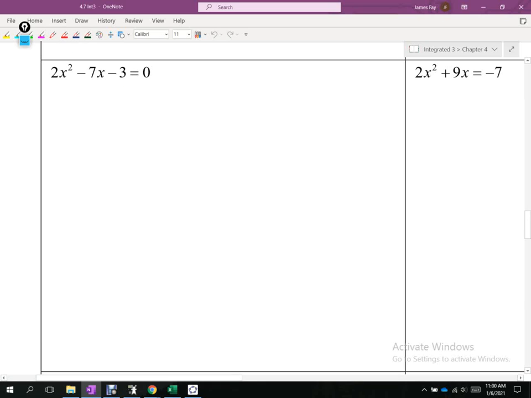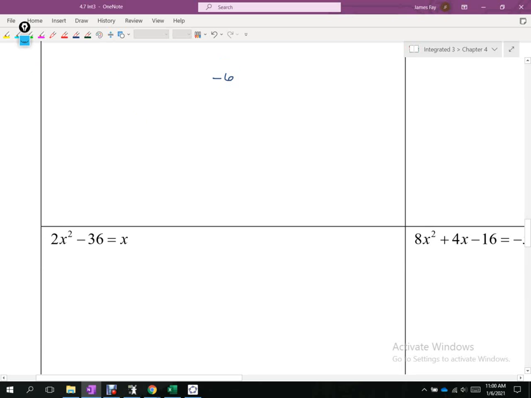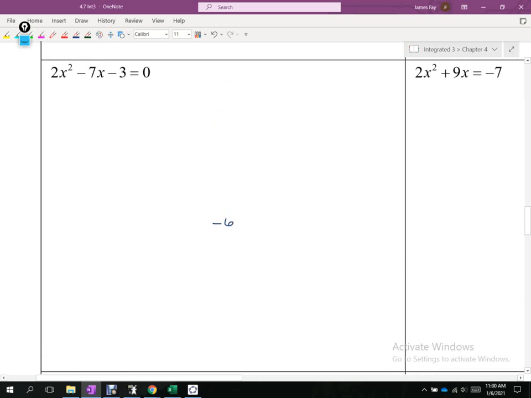Let's see here. All right, so when we look at this one, there are other methods. You guys remember the AC method? Taking 2 times -3 and get -6. And then trying to figure out what two numbers multiply together to give me -6, but add to give me -7.